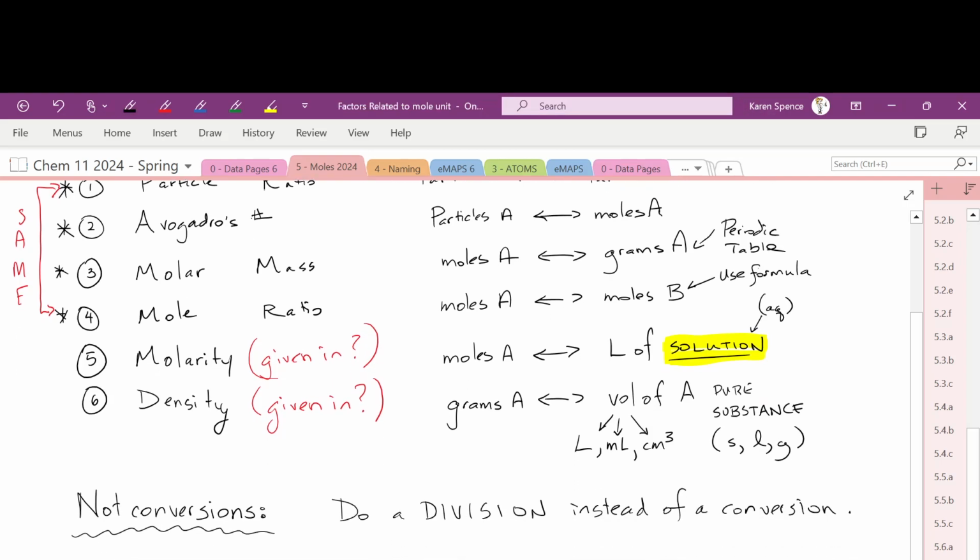But what if I ask you to find the molarity? Is that a conversion? No, that's a concentration equals moles over liters. Division.